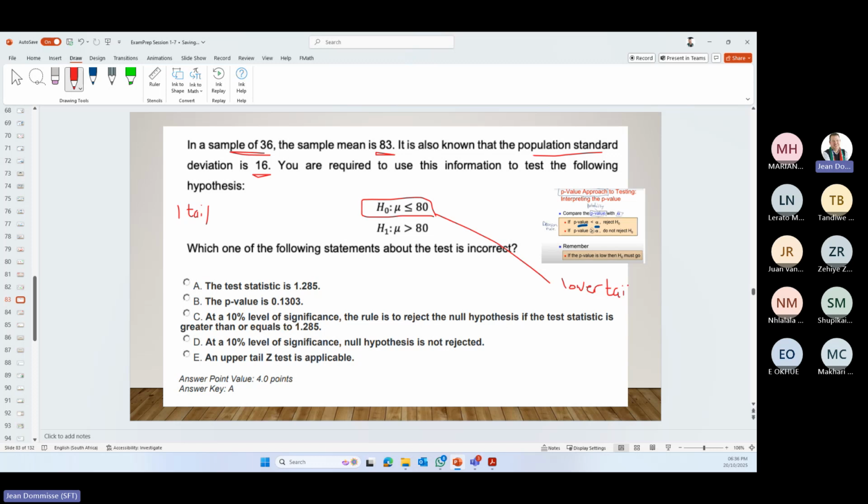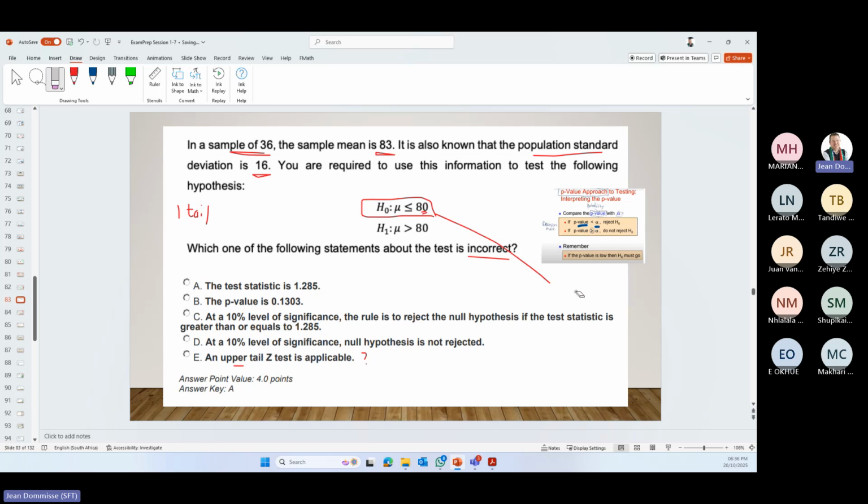Okay, so let's see which one is incorrect. We first need to work out if that 80 makes it a negative or not.